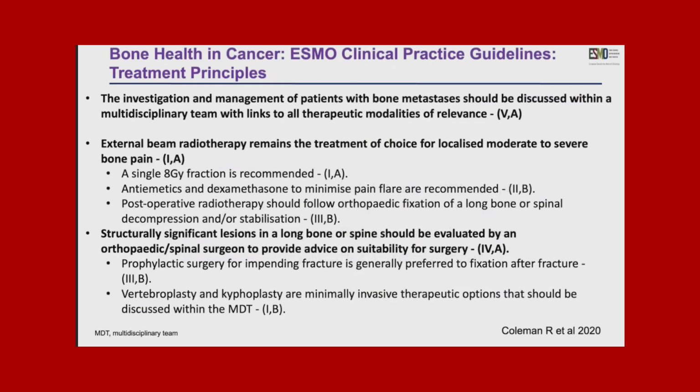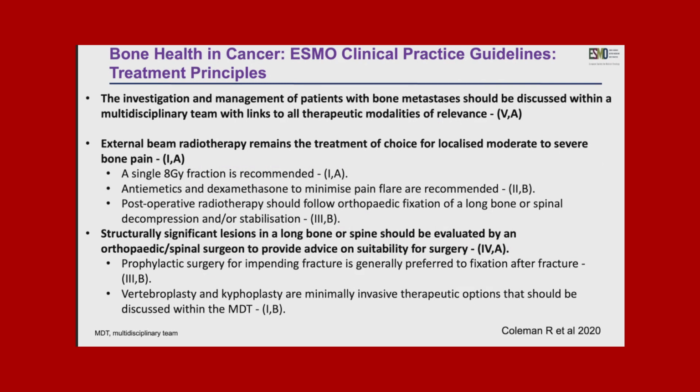One other topic of the ESMO guidelines is the treatment principles. For example, radiotherapy: there is level of evidence 1 and a grade of recommendation A for a single 8 gray fraction. Antiemetic and dexamethasone are suggested to minimize pain flare.